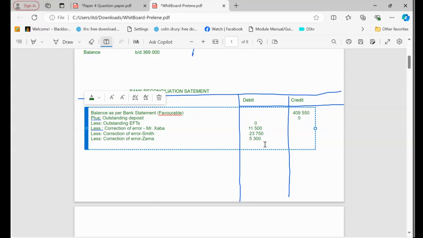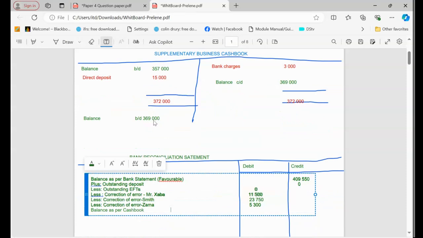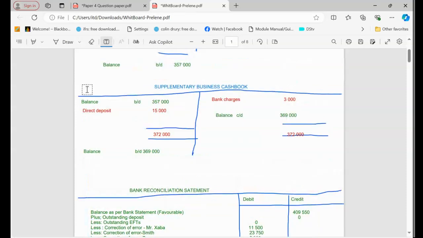Now, the last thing that we deal with, we're going to deal with the balance as per cash book. Remember, we had cash book up there. This one, the supplementary one, we are referring to this balance at the end. And this balance is what?